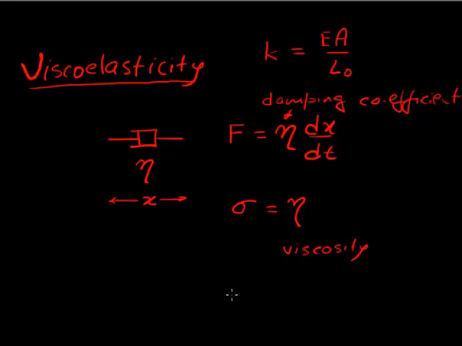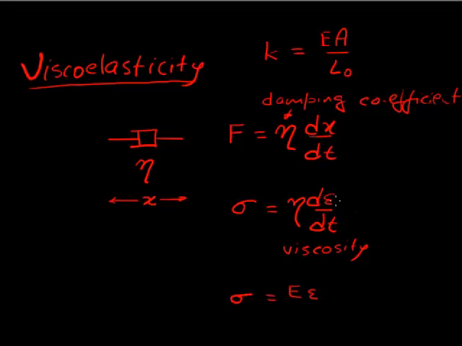So we know that for an elastic material, stress is equal to elastic modulus times strain. For viscoelastic materials, the stress is equal to the viscosity times the rate of change in strain.